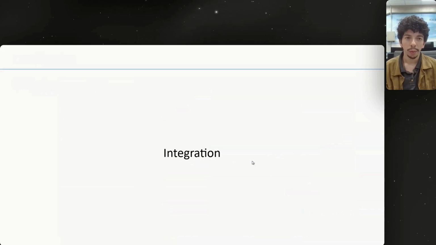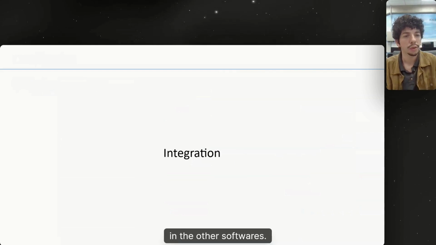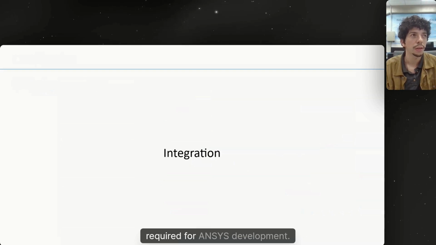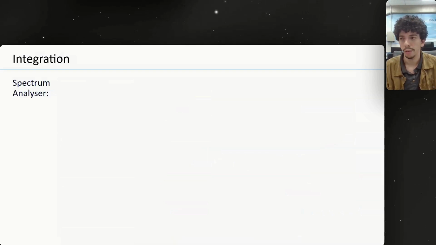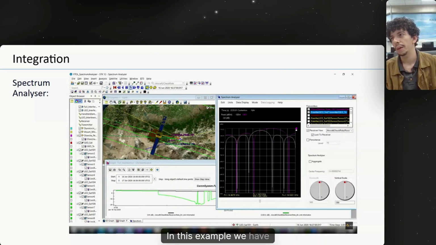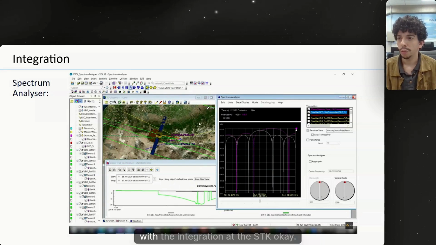and we can make integrations with other software. It's not necessarily required for ANSYS development. For example, in this example, we have ANSYS developed for the spectral analysis with the integration at the STK.